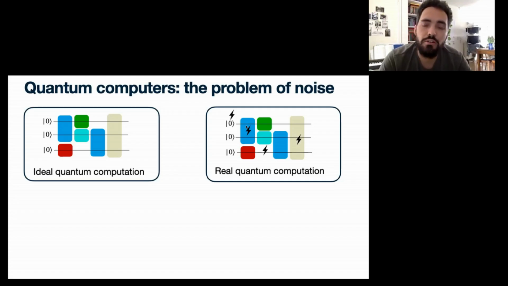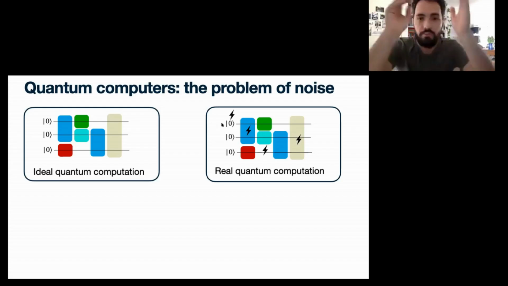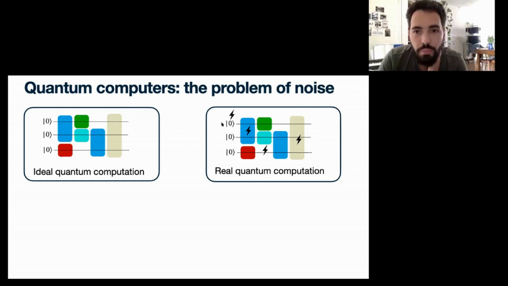A toy model that you can always keep in your head is that with a very small but non-negligible probability, one of these gates just fails and produces random output. So instead of some nice qubit state, you just get some random state back, which is not really what happens, but that's a good toy model to keep in your head.